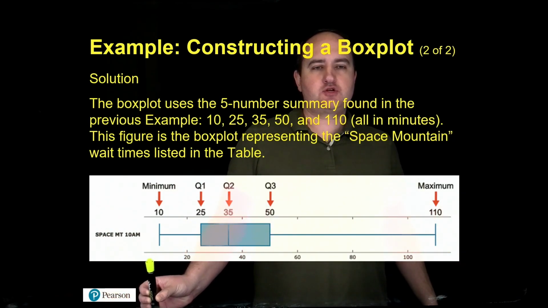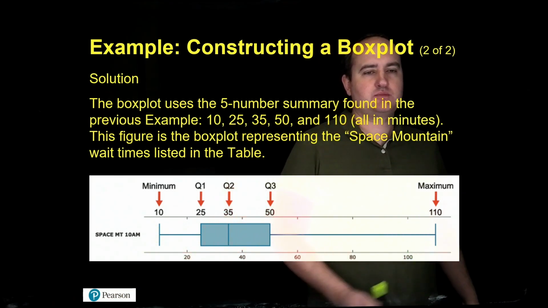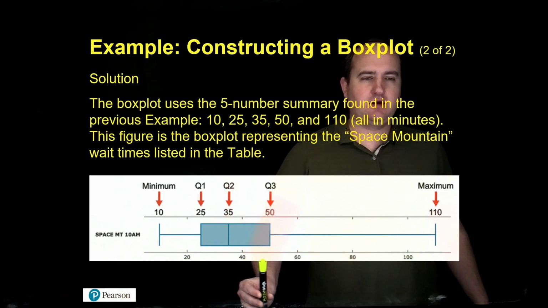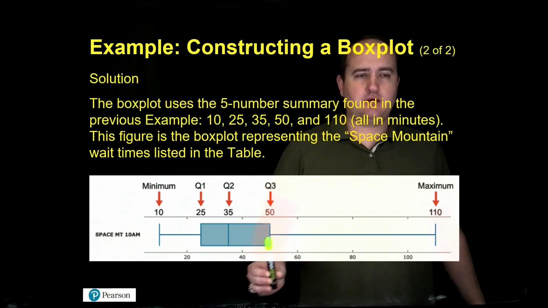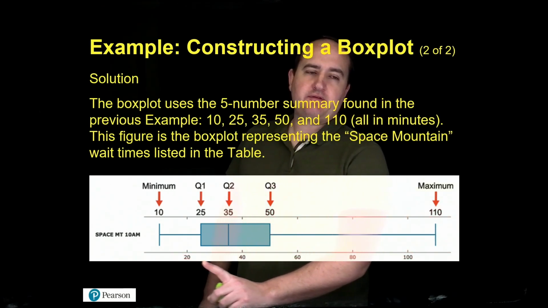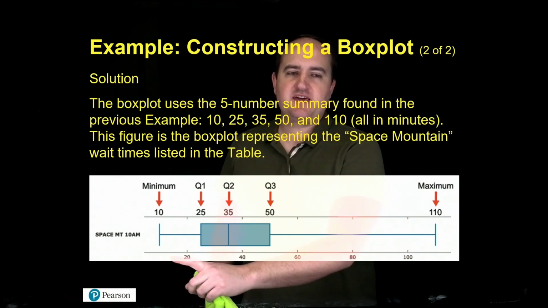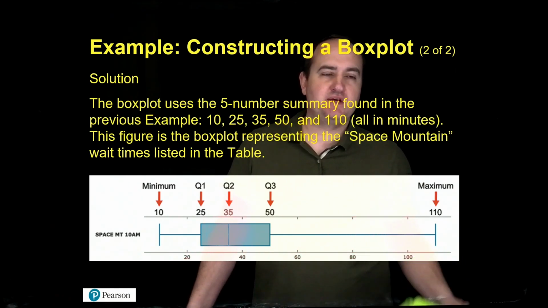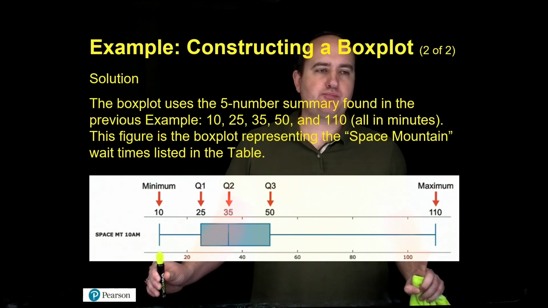As long as you start at the minimum and end at the maximum, you just count in an even amount. Here they counted in 20s because it was convenient. They plotted 10, which was the minimum, and 110, which was the maximum.